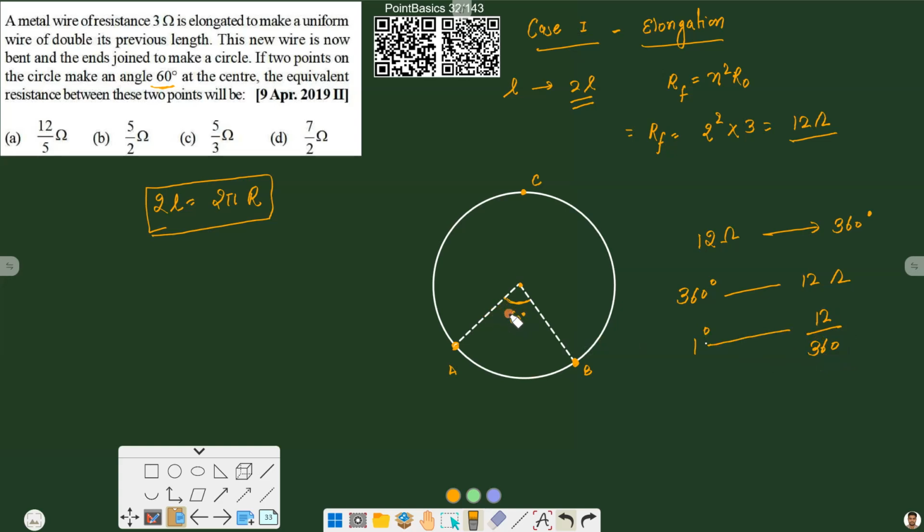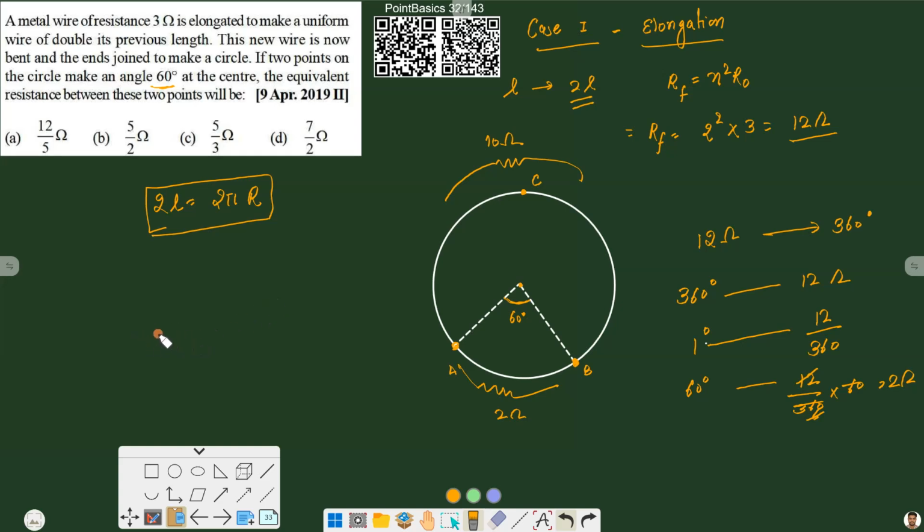As we have only 60 degree here, 60 degree will cover 12 by 360 into 60, that is 2 ohm. So the resistance of this path will be 2 ohm, and the resistance of the remaining path, because the total resistance is 12 ohm, will be 10 ohm.